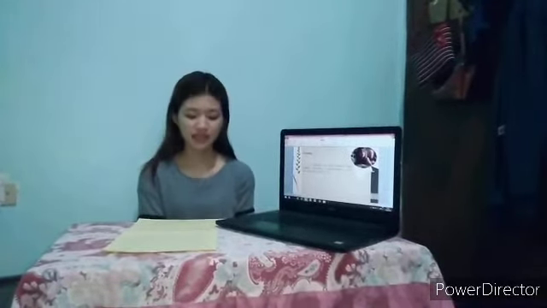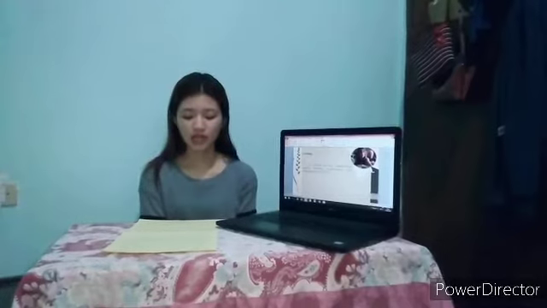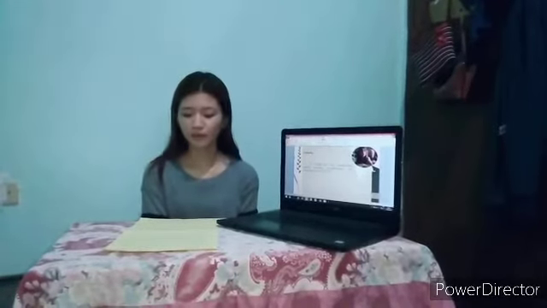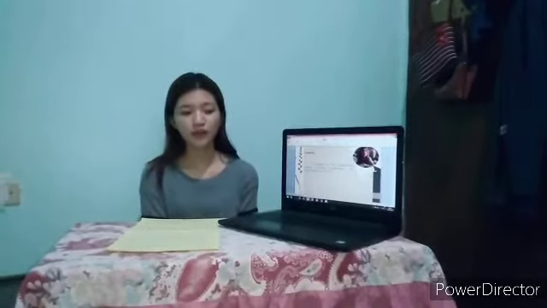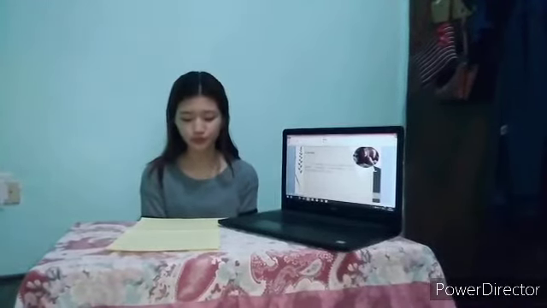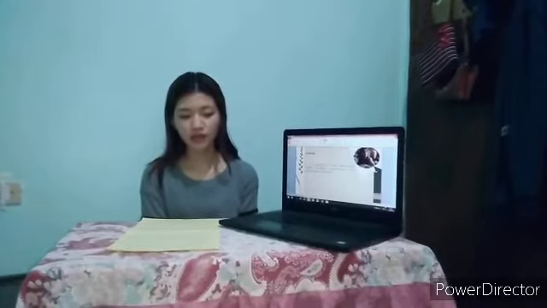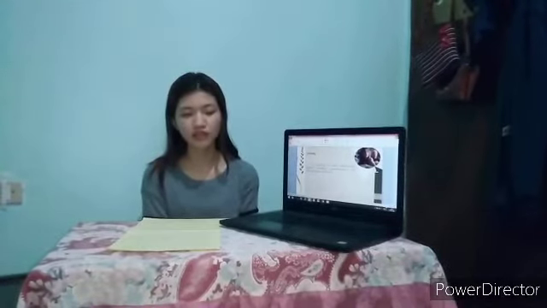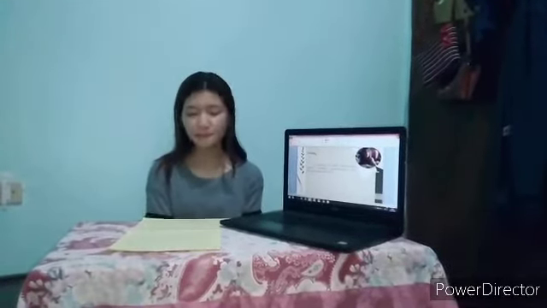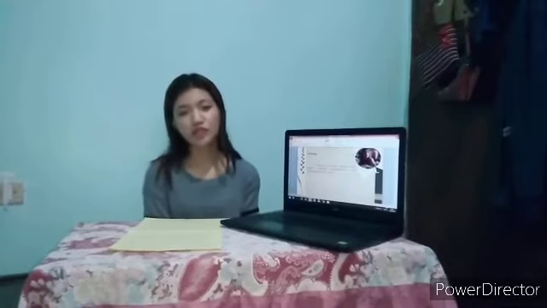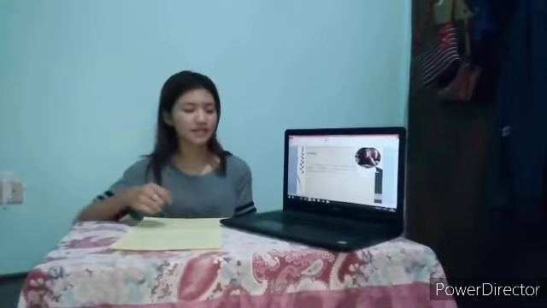And lastly, the interpretation. It is the process in which we try to make meaning out of that information, in order for us to be able to attach meaning by connecting information to previous experiences.